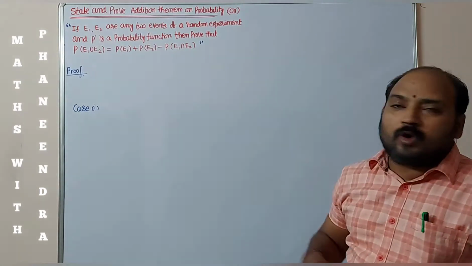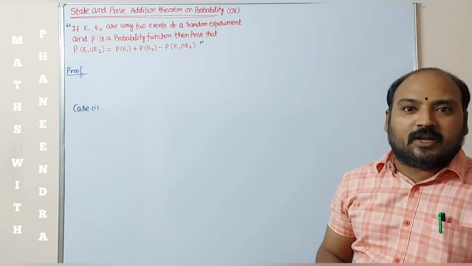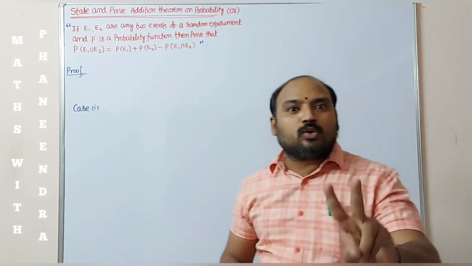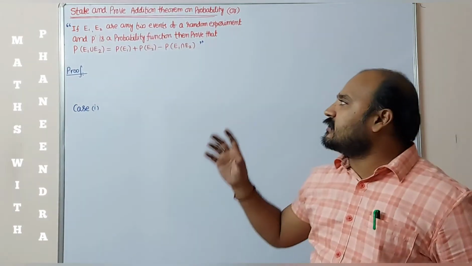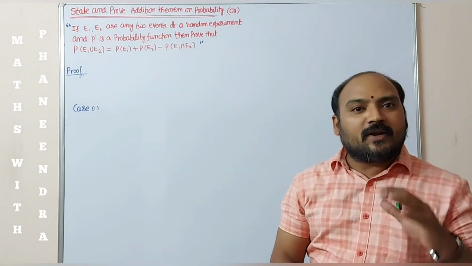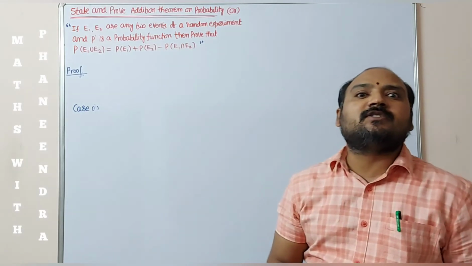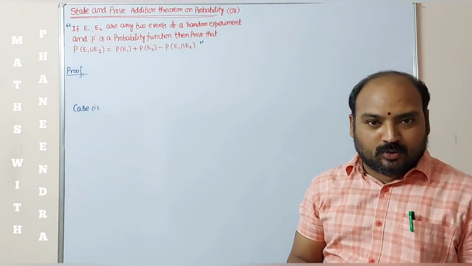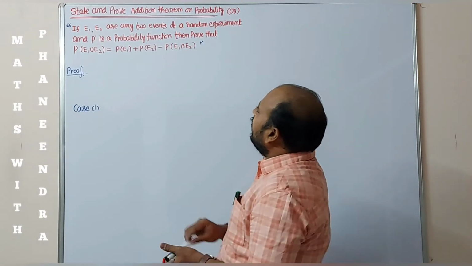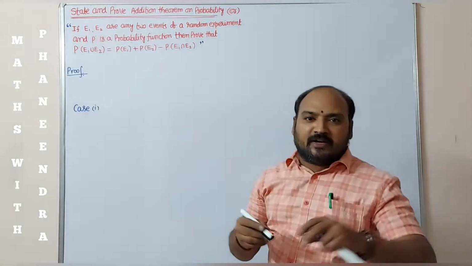In this proof of addition theorem on probability, we have two important cases. One case is the events mutually exclusive.